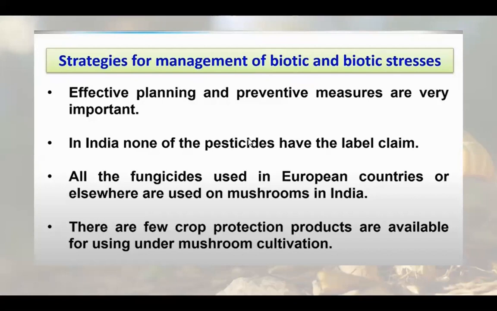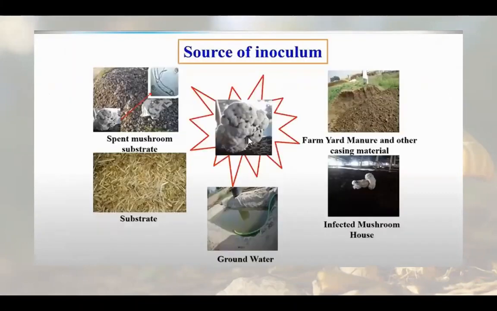So we are using different types of fungicides for mushroom growth, and few crop protection products are available for mushroom cultivation. This area of mushroom cultivation has not developed to a larger extent in India, so we do not have these protection strategies for mushrooms.